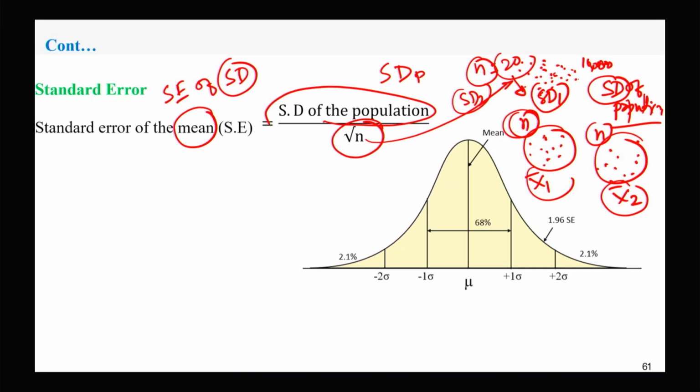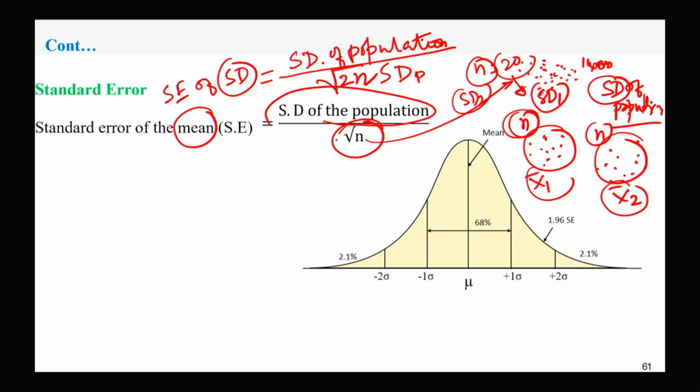The standard error of the standard deviation is statistically expressed as the standard deviation of the population divided by the square root of 2n. Only this difference is there.